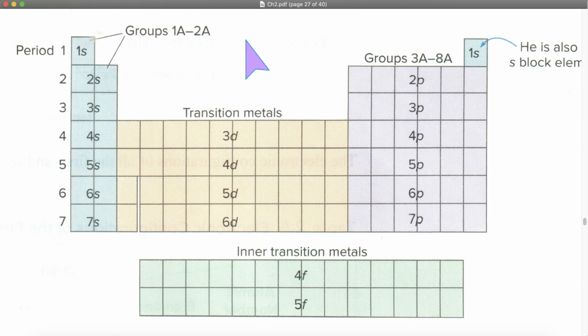Now, you can write out the full thing if you want. 1s2, and then 2s2, 2p6. Okay, 2s2, and then 2p, 1, 2, 3, 4, 5, 6. So there's neon. And of course, the valence electrons are these second energy level electrons.